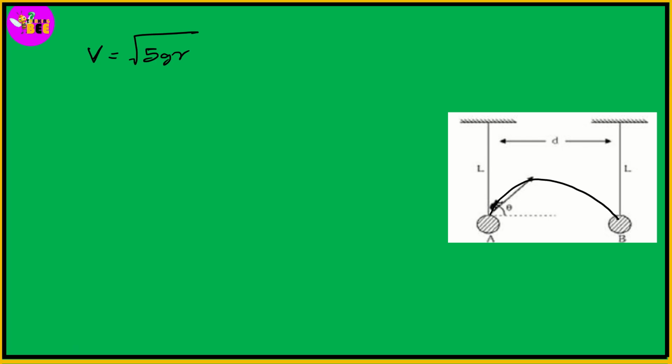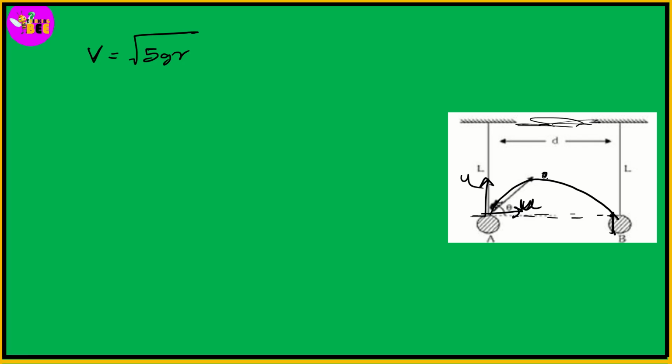Now, we know that the horizontal velocity will not change in projectile motion, and if it is u upwards, since A and B are at the same length L from a fixed plane, this gives that the height of A from the top of the projectile is the same as the height of B from the top of the projectile.